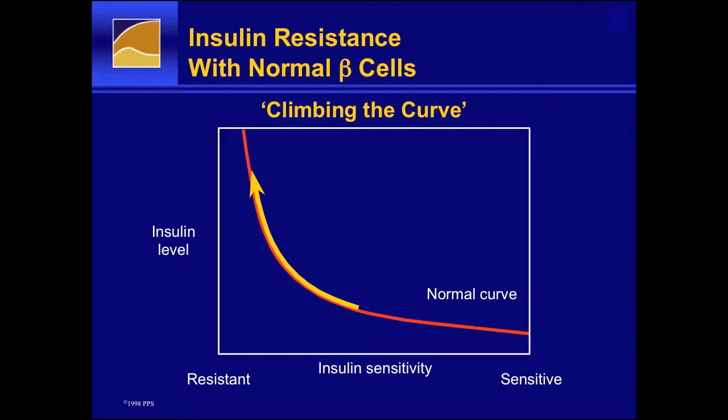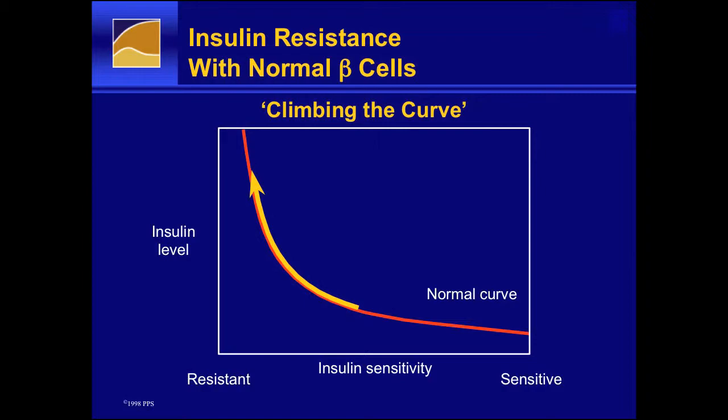So people here who are very insulin sensitive don't need much insulin to stay on this curve, and this curve is the normal curve. They don't get diabetes. And as people get more and more insulin resistant, they need more and more insulin in order to keep them on the curve. And if you multiply insulin levels times the insulin sensitivity, that gives us something called disposition index, and that is really beta cell function.